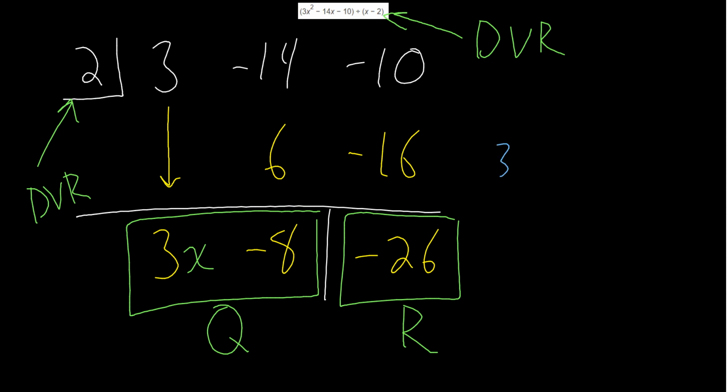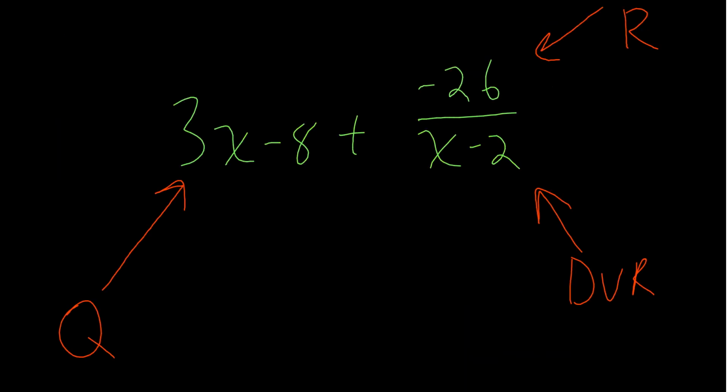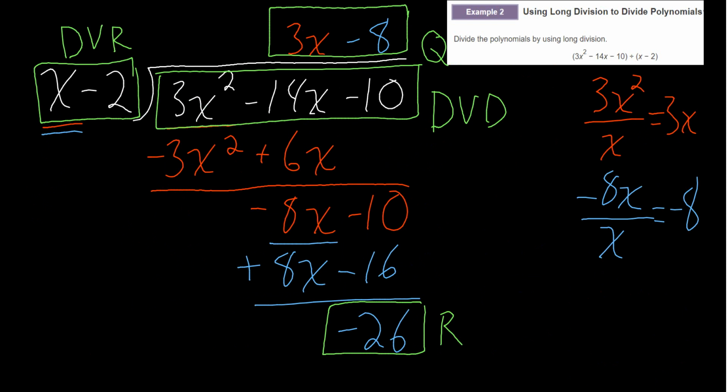So my solution here will be quotient 3x minus 8 plus my remainder, which is a negative 26, over my divisor, which is an x minus 2. So 3x minus 8 plus a negative 26 divided by x minus 2. There it is.